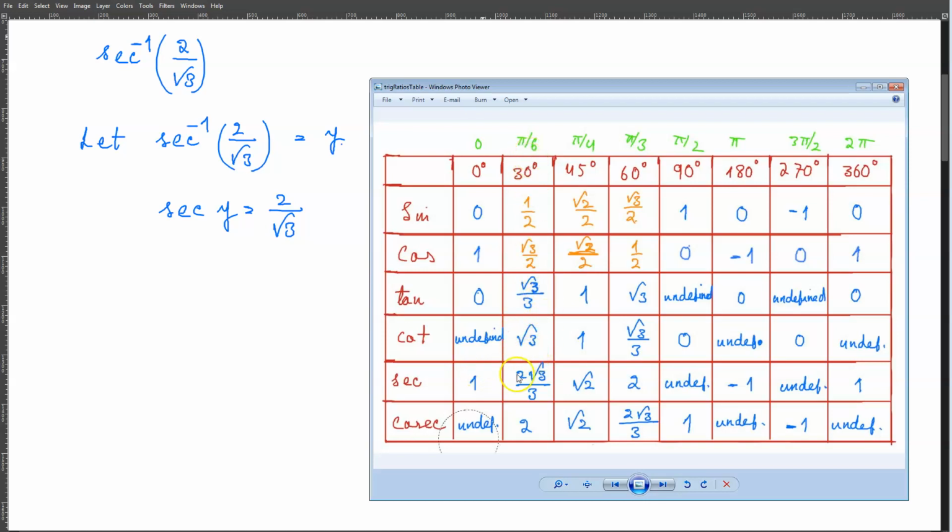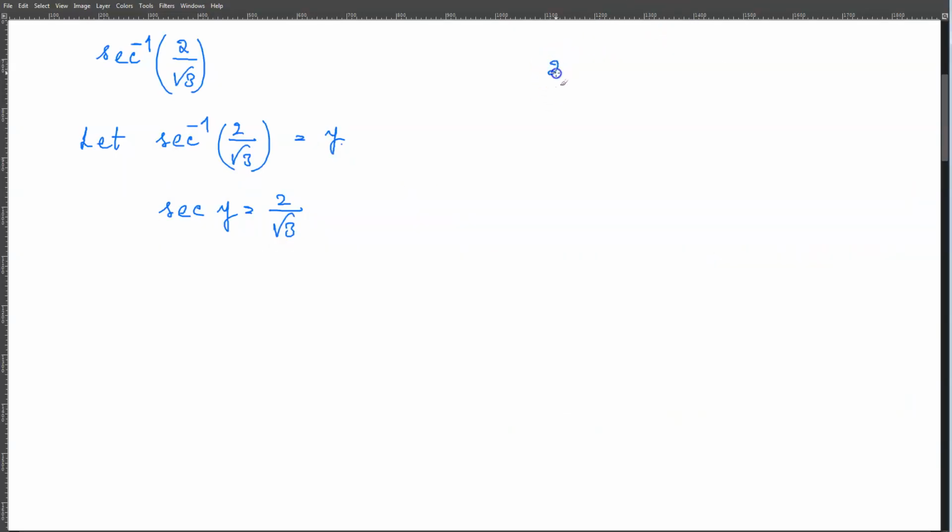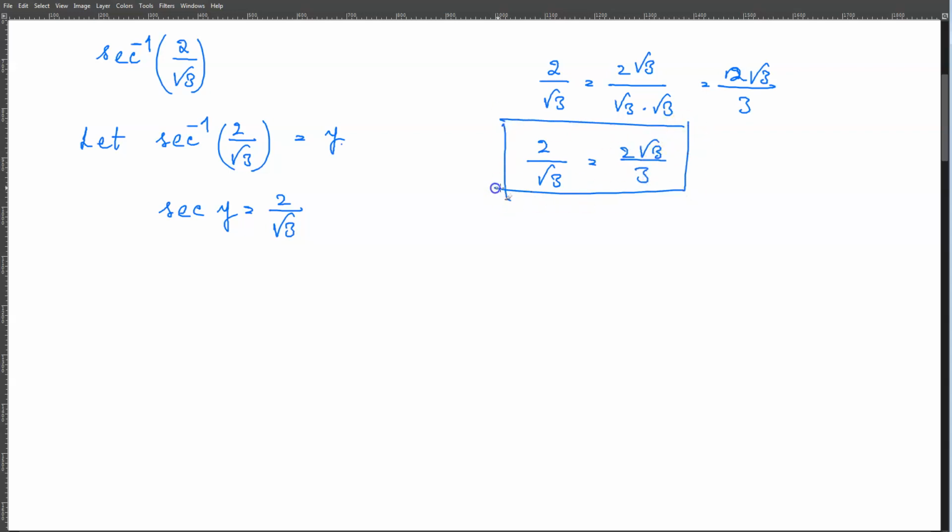Secant of pi by 6 is equal to 2 square root of 3. Well, they have written this in a different way. 2 over square root of 3, you can write it as 2 square root of 3 over 2 square root of 3 times square root of 3, which is equal to 2 square root of 3 over 3, which means that 2 over square root of 3 is the same thing as 2 square root of 3 over 3, right?